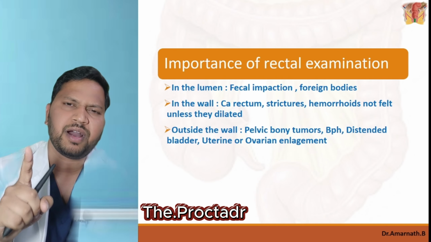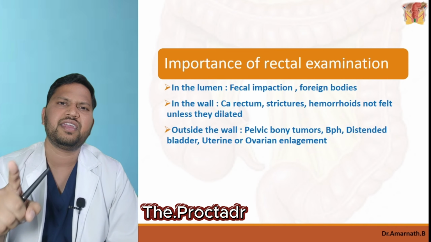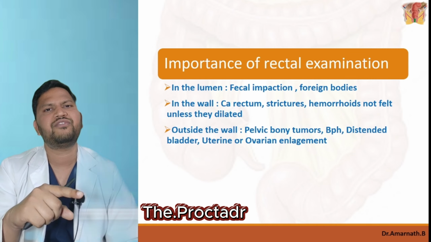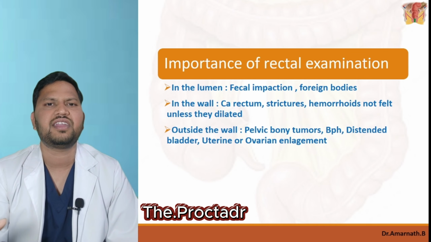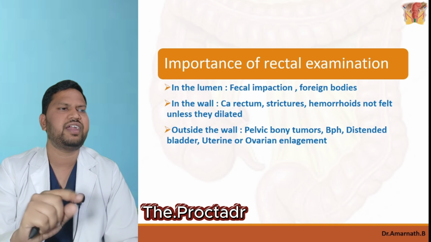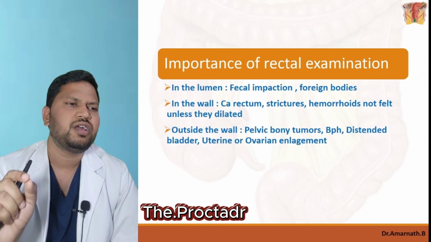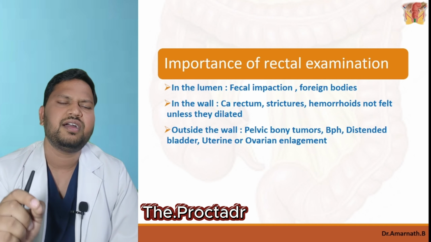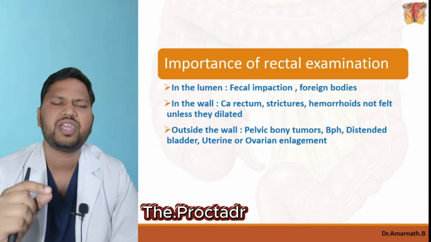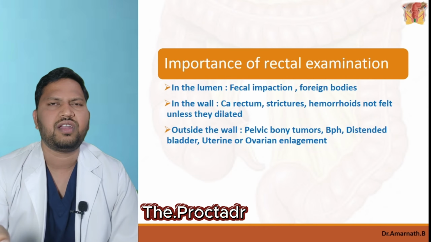Hemorrhoids are only palpated when they are dilated. Also we can find the internal opening of anal fistulas in the wall. And outside the wall, we will find pelvic bony tumors, benign prostatic hyperplasia, and distended bladder, and uterine and ovarian enlargement.